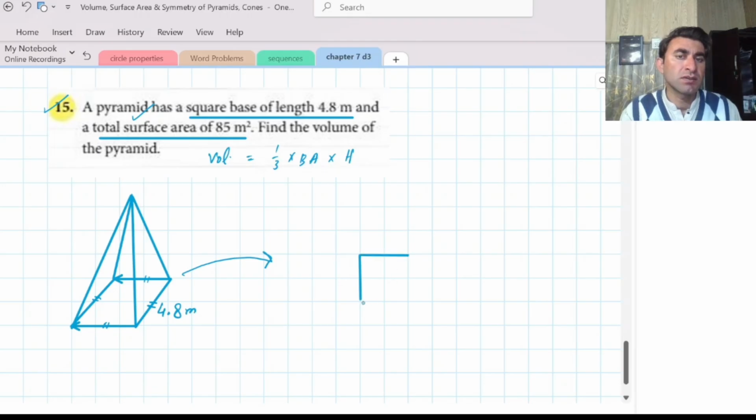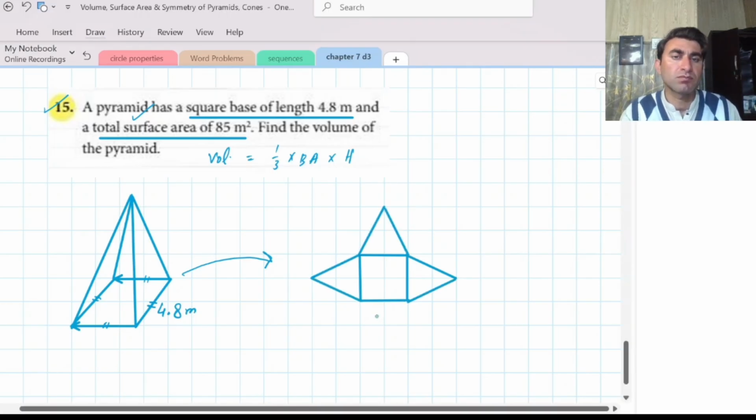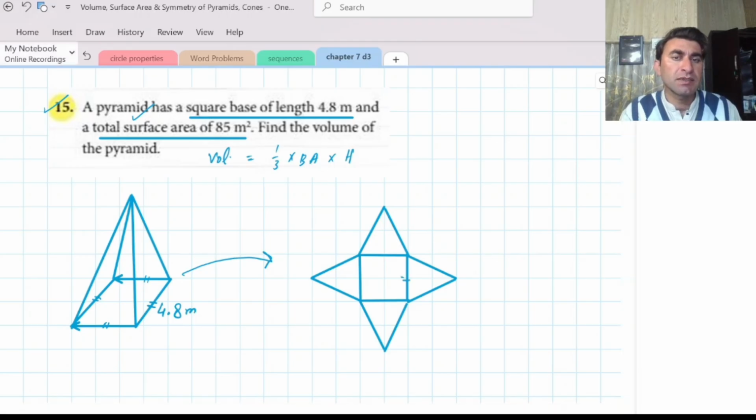First a square base and then the 4 congruent triangles on each side. So this is the net of the pyramid, and its base is 4.8 meters, and the height of its triangle, let's suppose, is represented with small h.